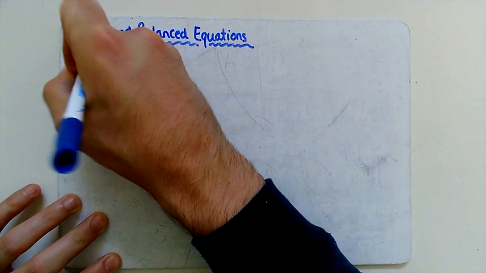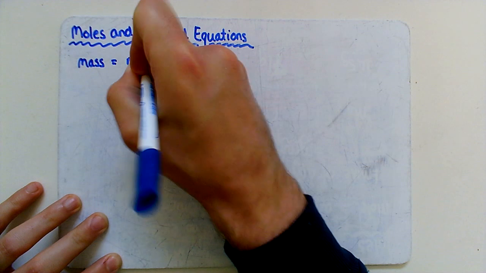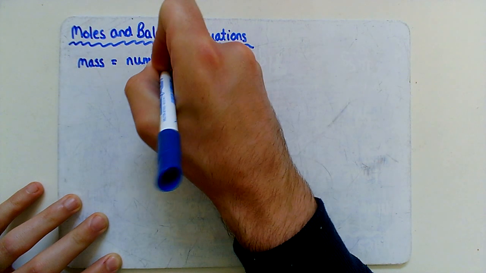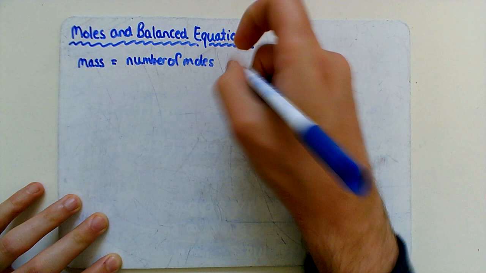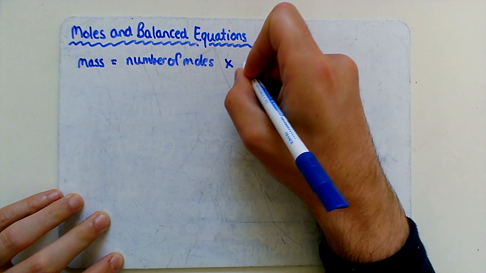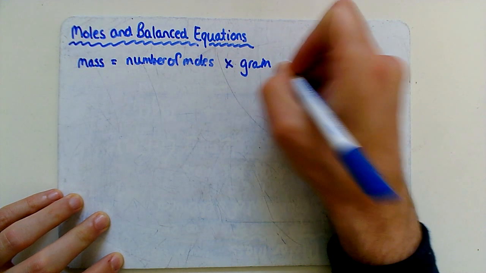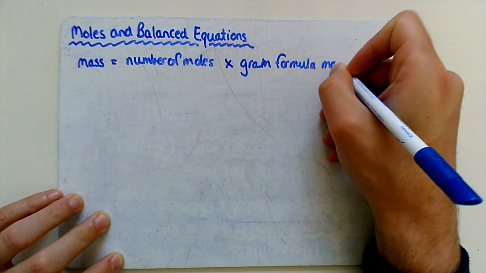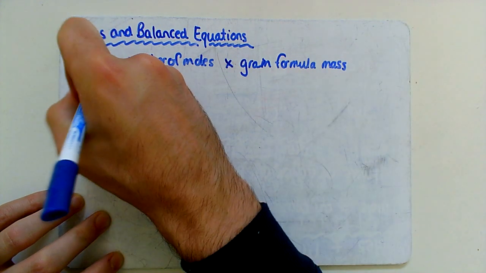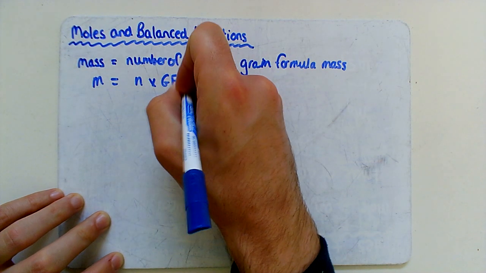We had mass equals number of moles multiplied by the gram formula mass, which was M equals N times GFM.